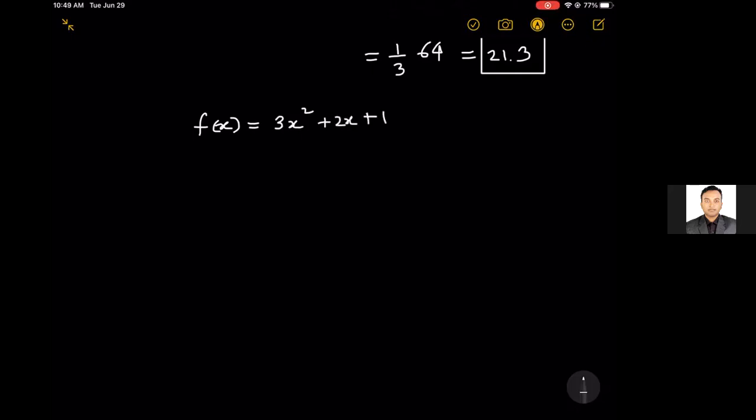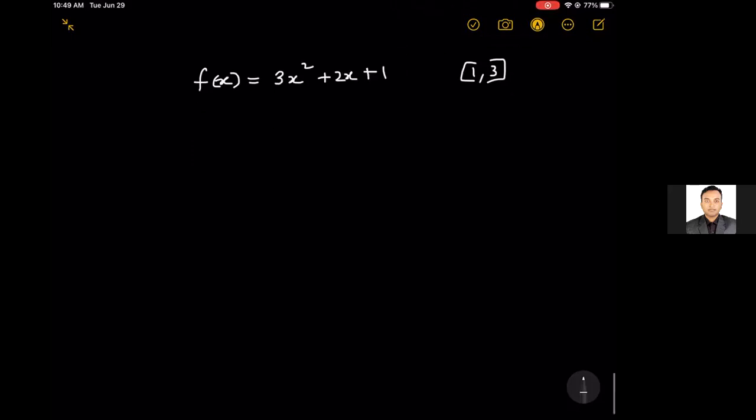And we want to find the area from 1 to 3 within this interval 1 to 3. Okay, so that means from 1 to 3, we'll be trying to find 3x squared, 2x plus 1, the integration of this, right?